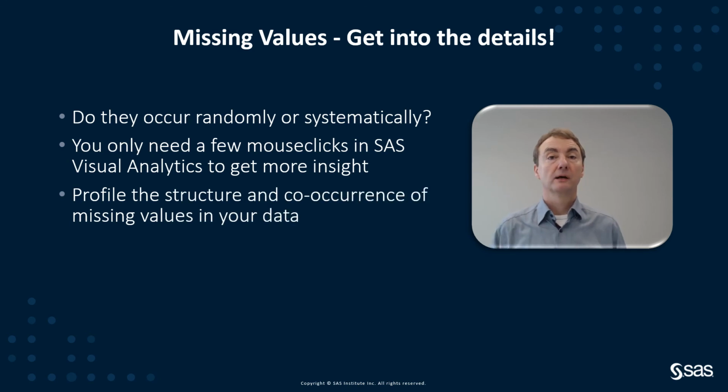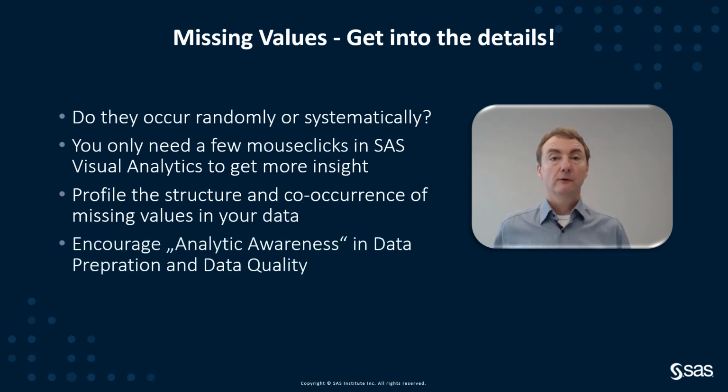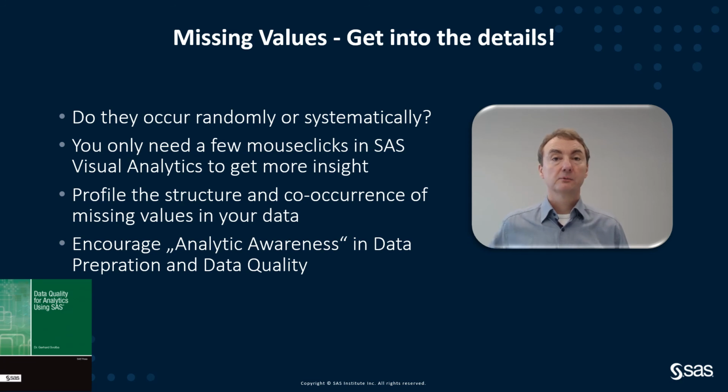And I've shown you a SAS macro, which you can use to get more insight into the structure and the co-occurrence of your missing values. My focus here is to create an awareness how important it is to include the analytic considerations already very early in the data preparation and in the data quality process. And this is what I've also focused on in my SAS book, Data Quality for Analytics.